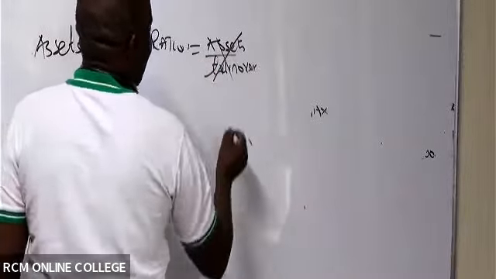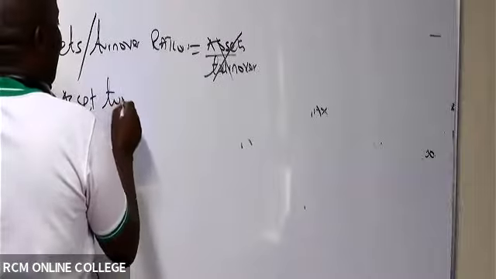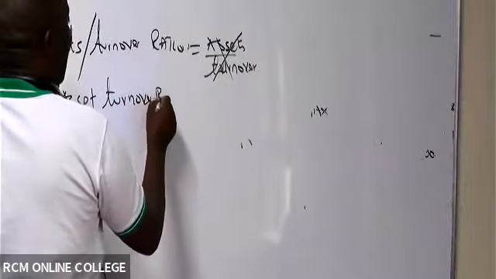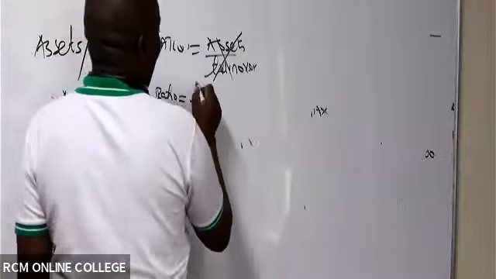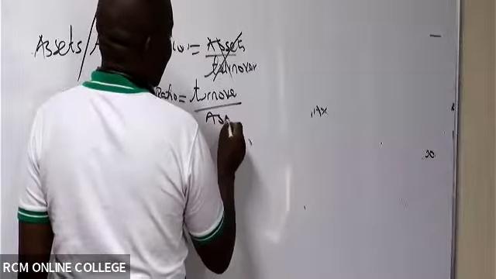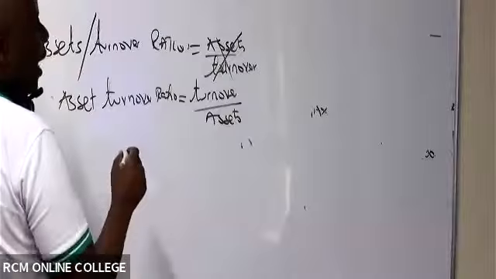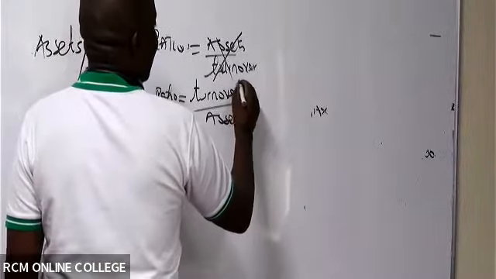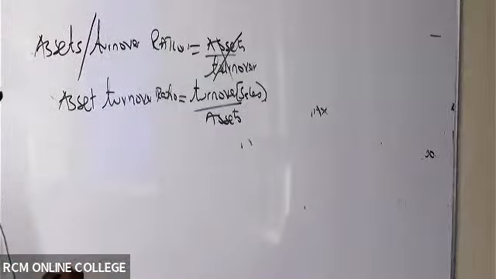So don't write this. Whenever you hear of asset turnover ratio, the turnover will be on top, all over the assets. And remember that turnover is the same as sales.